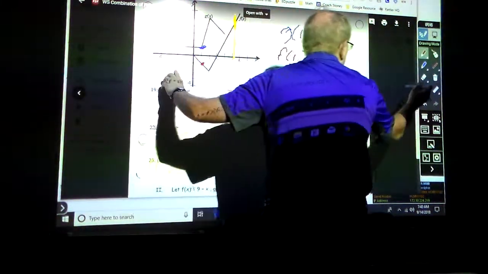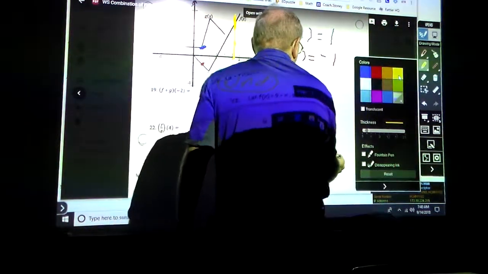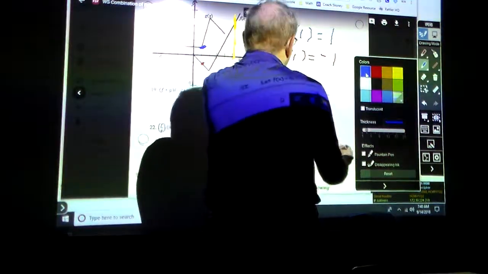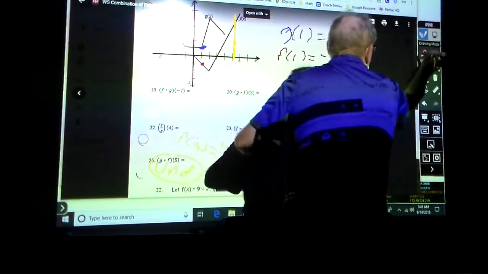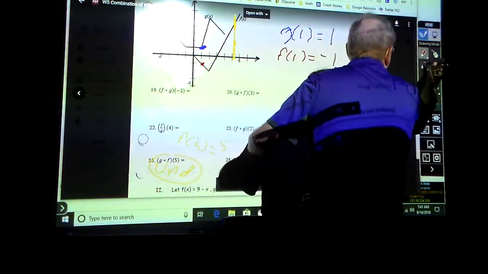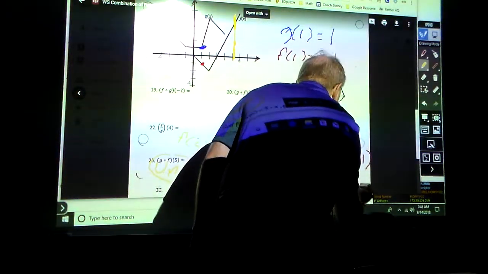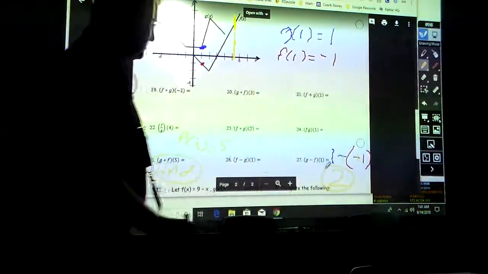So to do g minus f of 1, g's first, it's going to be 1 minus negative 1, which turns out to be 2, because that's like a plus. So that answer is 2. All right?